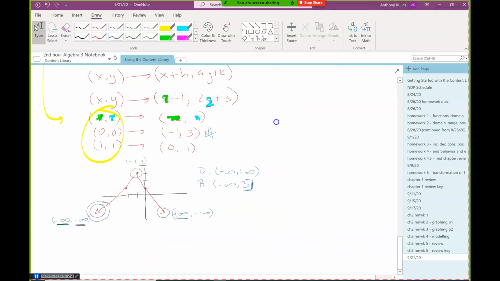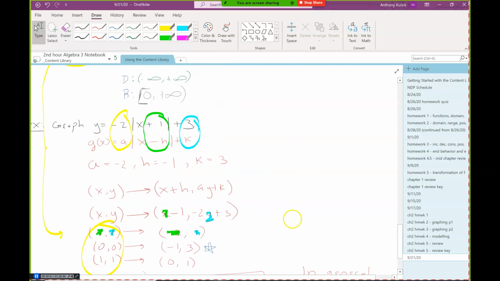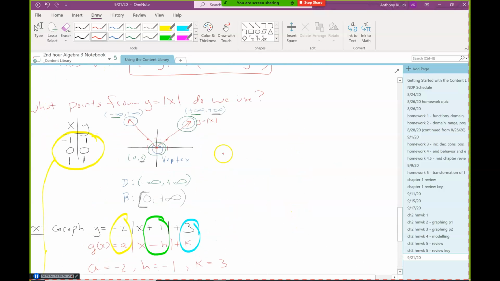Can we do a little bit better with this domain and range? So let's think about this for a minute, because all we're doing is transforming that function y equals the absolute value of x that we had from before, right? Recall, what does a do? What kind of transformations does a do? One of the transformations a does is it reflects across the x-axis, right?